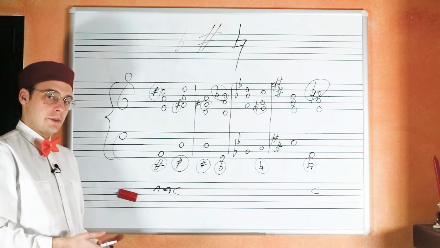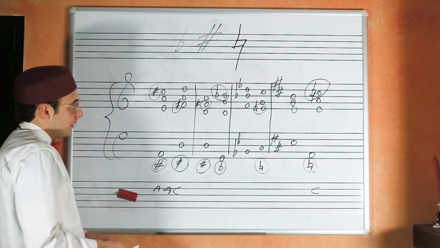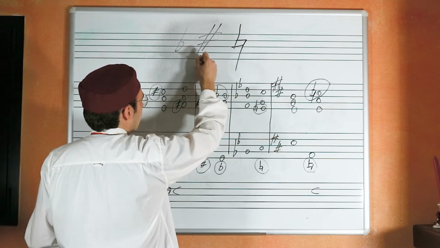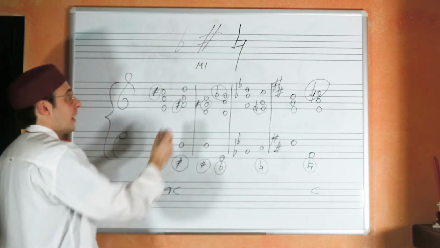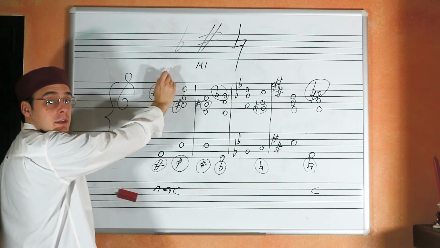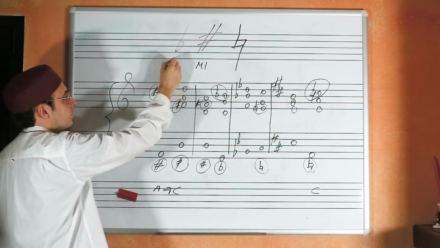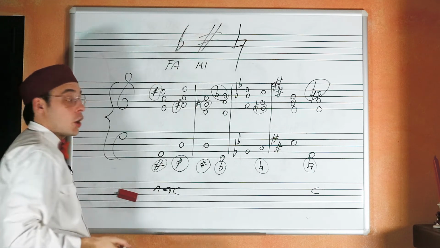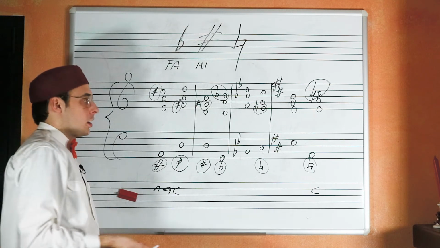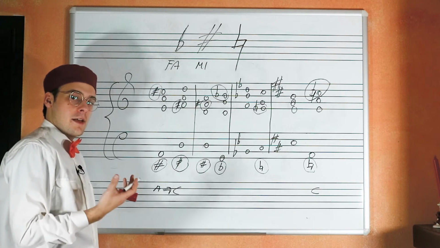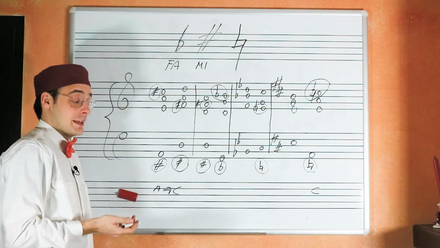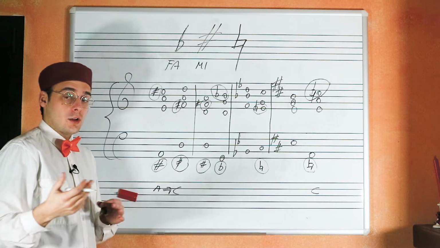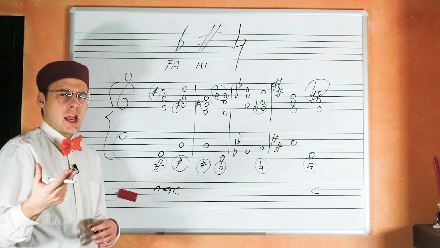In early music theory, I can say also to you that the real meaning of the sharp is mi, and the real meaning of the flat is fa. This is a situation of solmization, because solmization is the technique of music reading that had been used since the 11th century until all the 18th century.